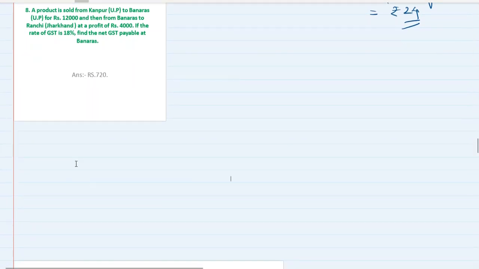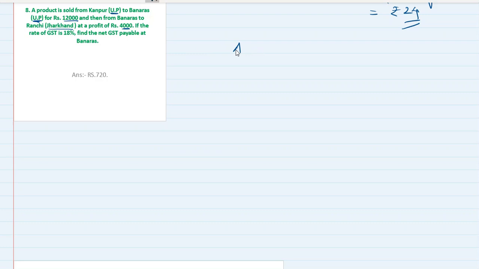A product is sold from Kanpur, UP to Banaras, which is also in UP, for rupees 12,000, and then from Banaras to Ranchi, Ranchi is in Jharkhand, at a profit of rupees 4,000. Okay, so let's say there are three places.